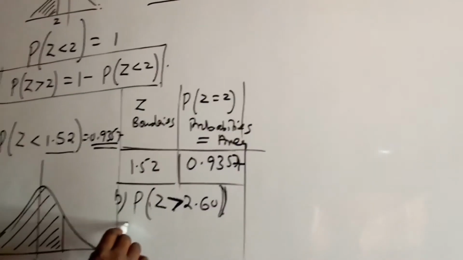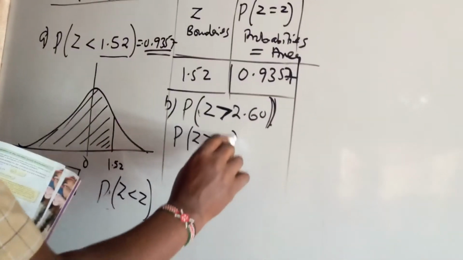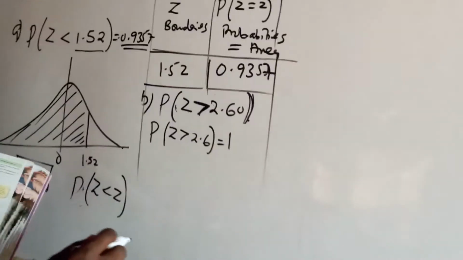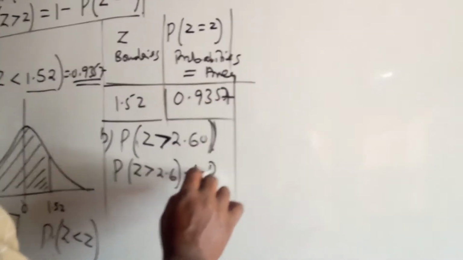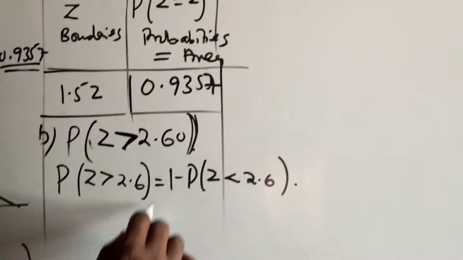Meaning that the probability of Z greater than 2.6 must be equal to 1 minus the probability of Z less than 2.6.